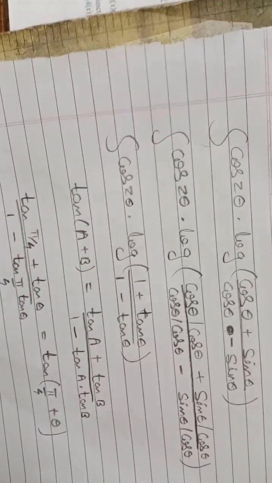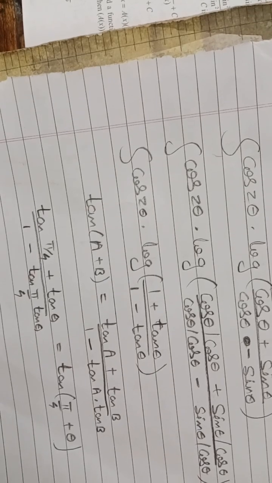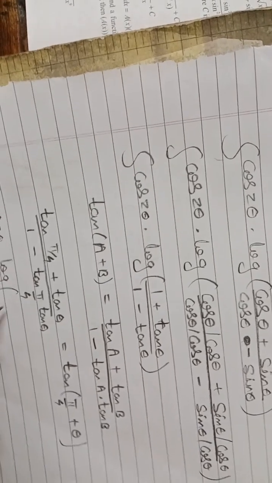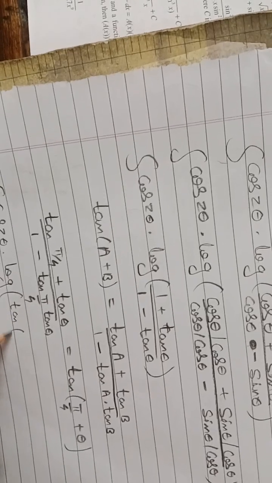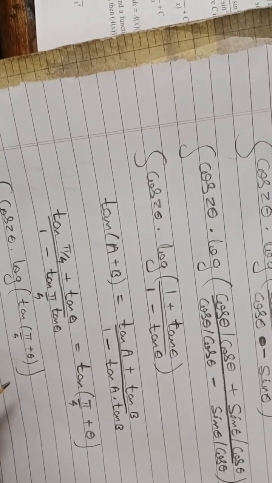And if we put this here, we get the integration of cos 2 theta times log of tan of pi by 4 plus theta.